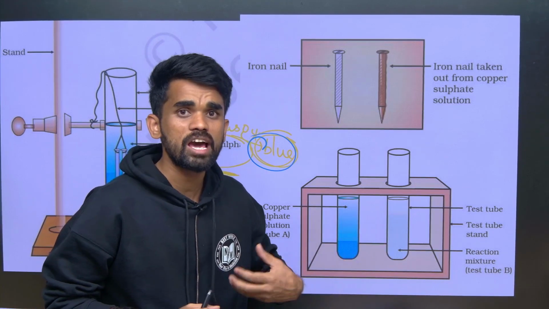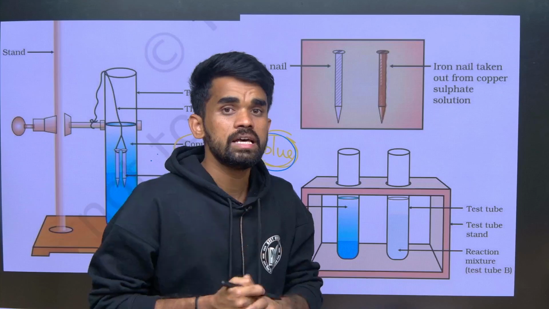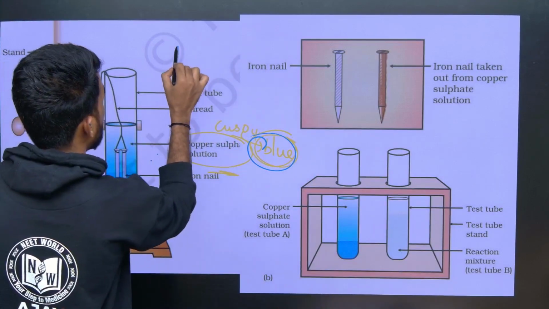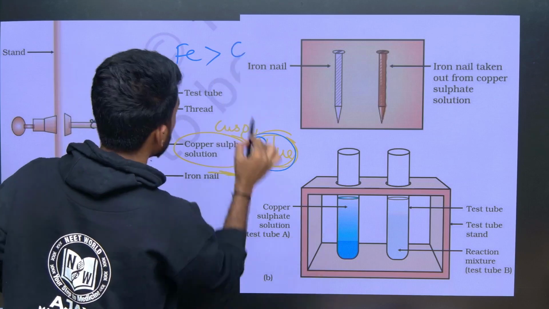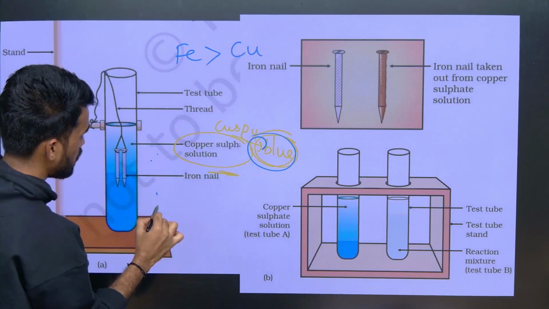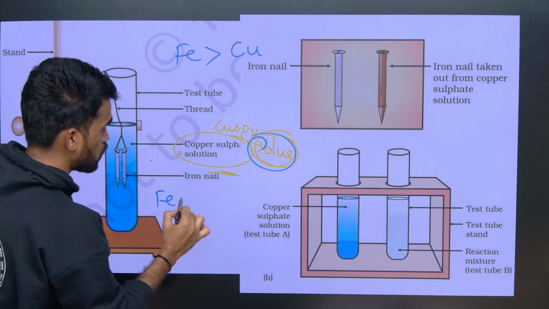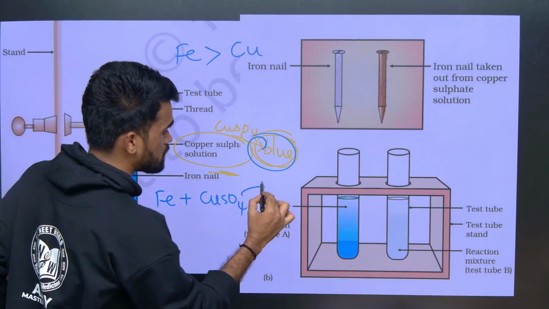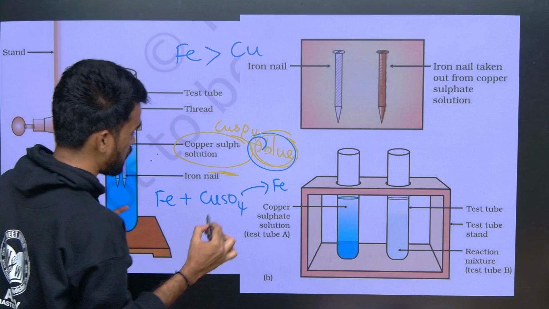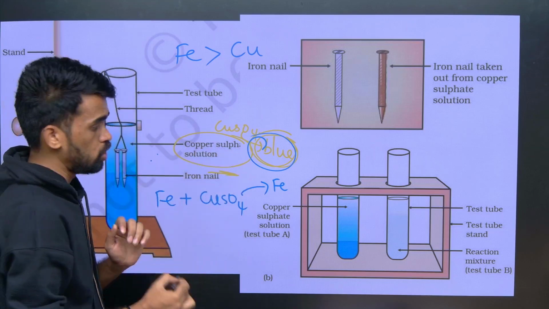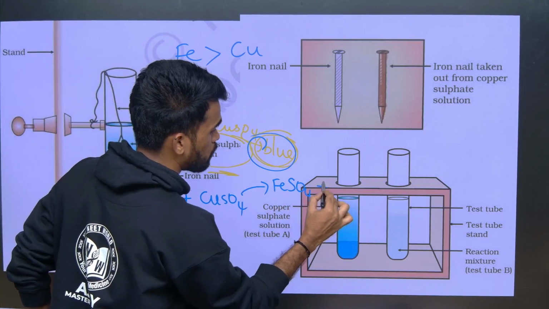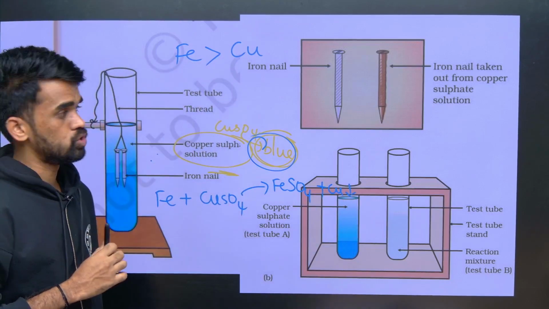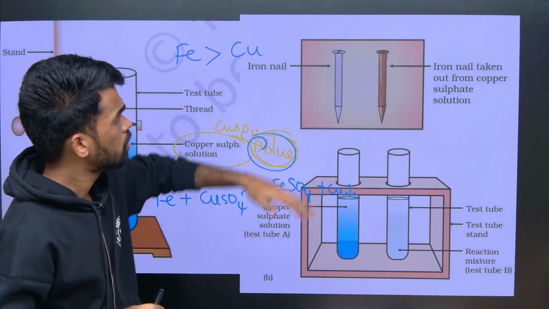So what happened here? According to the reactivity series, iron is more reactive than copper. Therefore, whenever we keep this iron in the copper sulfate solution, the iron displaces copper from its solution and forms ferrous sulfate, and copper is deposited onto the iron nail.